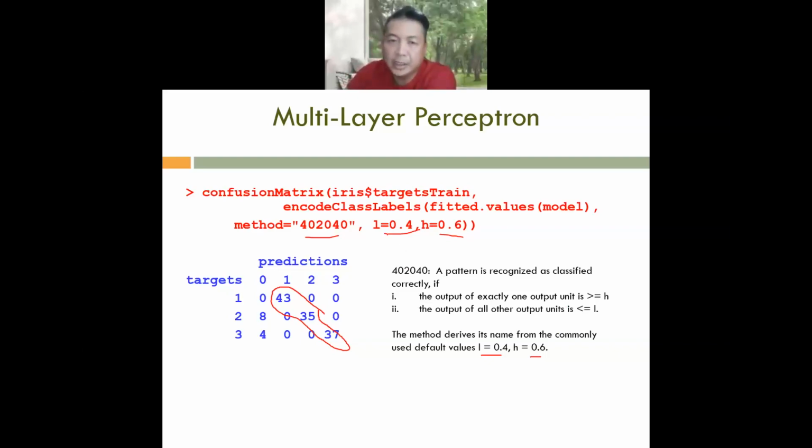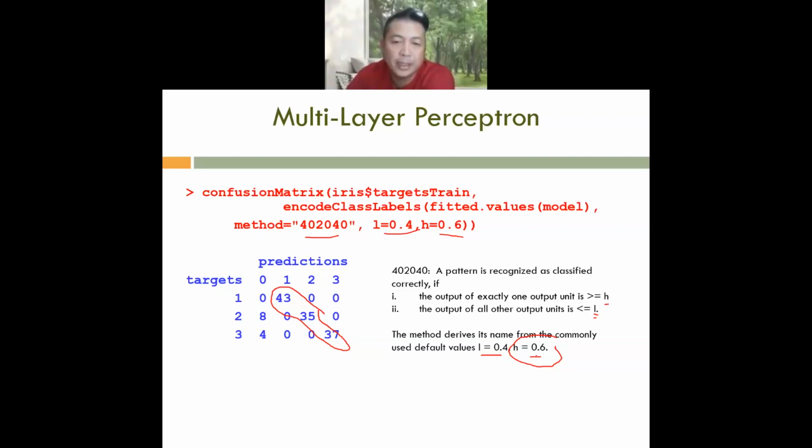Not l and h. This is low and high. So the output of exactly one output unit is greater than or equal to the high threshold here, and the output of all the other output units is lower than the low threshold here, so below 0.4.